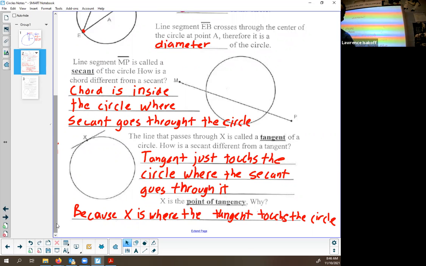Remember, diameter has to pass through the center. Diameter is twice the radius. A chord is just any line that goes edge to edge in a circle. It does not have to pass through the center. A secant is a line that extends outside the circle but cuts through it. And a tangent is this special line that just kind of quickly touches the circle, but doesn't actually go through it.